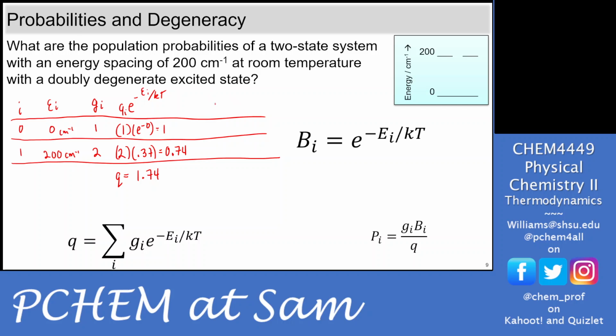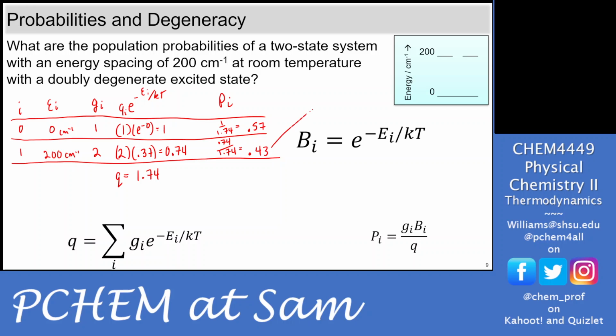Okay, let's do the probabilities. This is 1 over 1.74, and this is 0.74 over 1.74. Someone with a calculator should hammer that out for me. 0.57 on the top? Yes, sir. And the bottom? 0.43. Okay, now the one thing I need to point out is this degeneracy is for the whole excited state, and there are 2 of those.